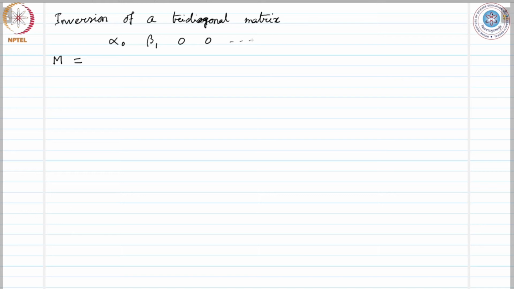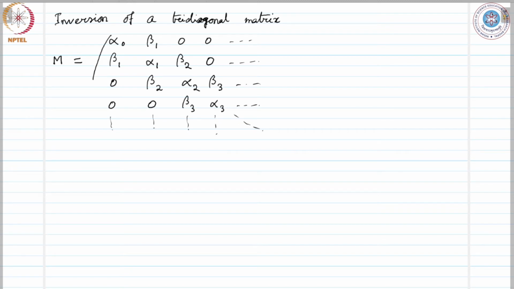We are considering a big matrix of finite size, beta 1, alpha 1, beta 2, 0, and so on, 0, beta 2, alpha 2, beta 3, and so on, 0, 0, beta 3, alpha 3, continued, like this. We have this kind of a big matrix at hand.